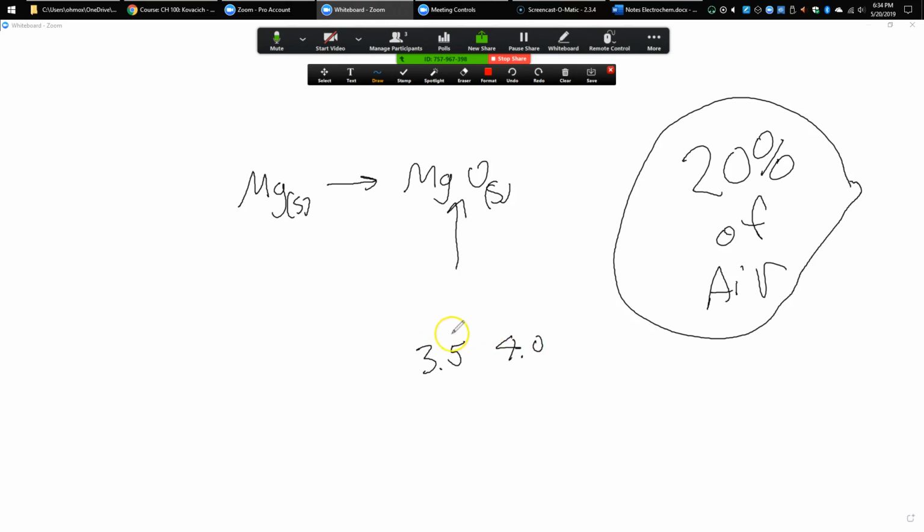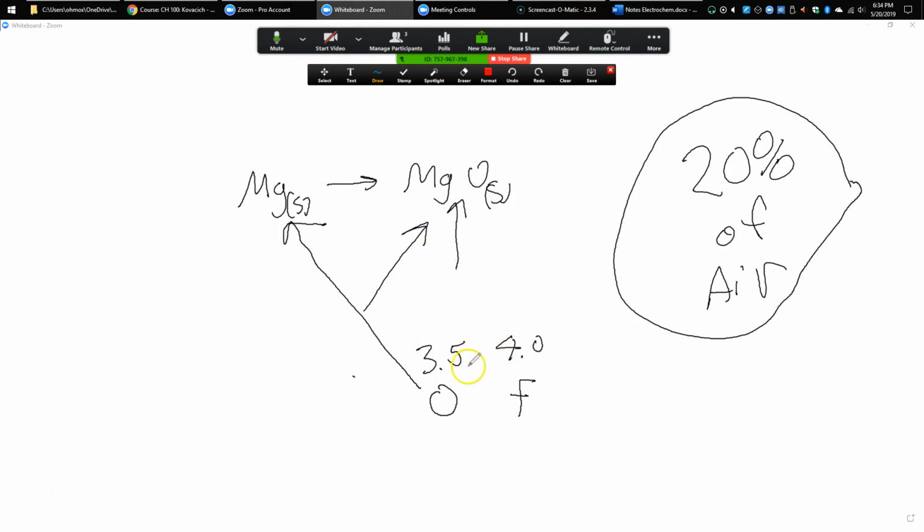These are the two biggest numbers. And what electronegativity means, we talked about this in chapter 2, is the atom's ability to take electrons. So oxygen and fluorine are the two best atoms on the table at taking electrons. So when the oxygen sees this magnesium, it just takes 2 electrons away from it. And then it makes this compound right here.